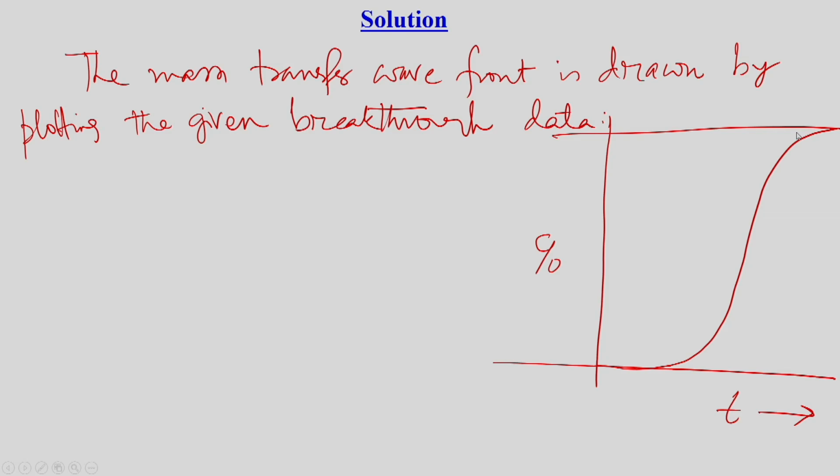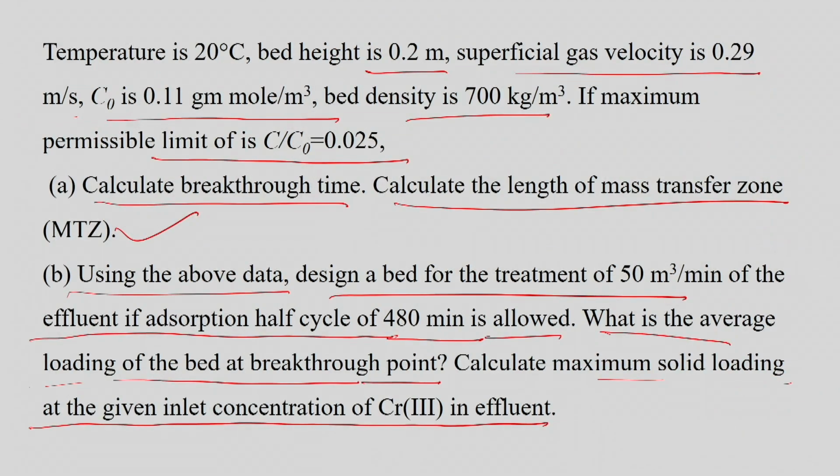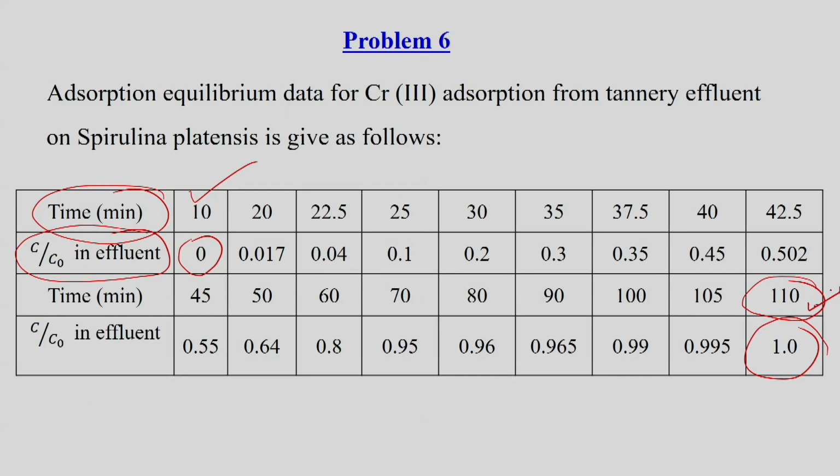For the time being, we are writing this without the scale, but whenever we solve this we need the graph paper. Let us take this as 1 and this as 0, and time t equal to 0. The data points are given up to 110 minutes.